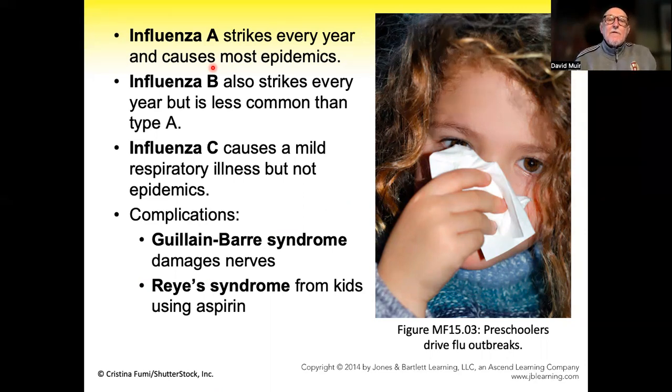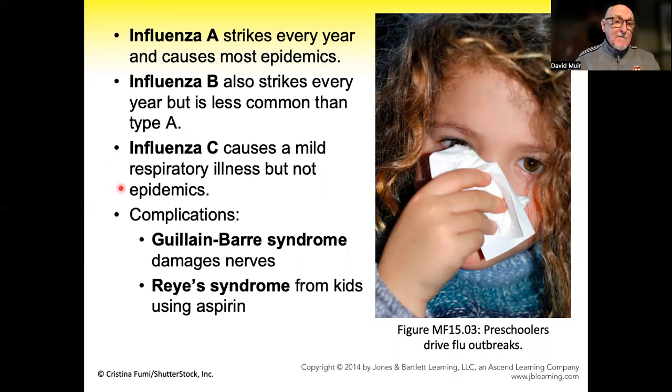There is another one called influenza B. It does arise every year, but it's much, much less common than A. And influenza C causes a mild illness, but it is not an epidemic virus. The ones that we are really worried about are those that arise and spark off epidemics and pandemics in the human population, some of which have had huge, massive mortalities.